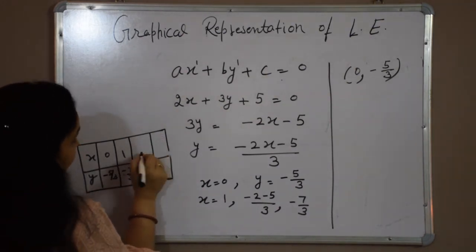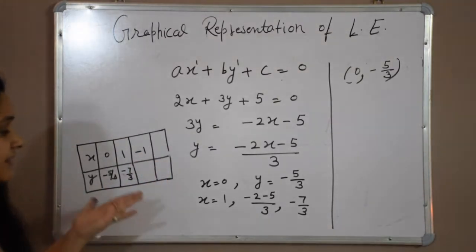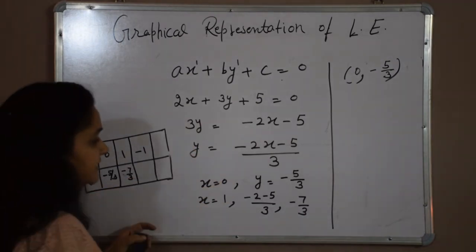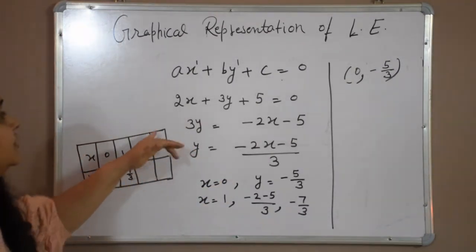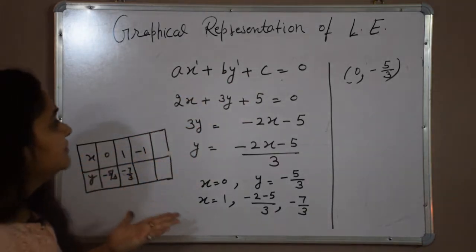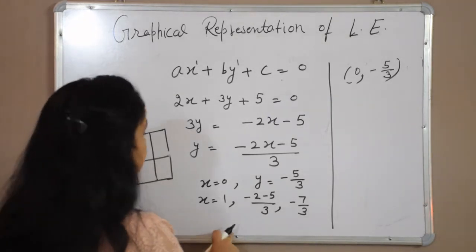Now I can take a negative value also. I can choose x either positive or negative, it doesn't matter, because I have already told you a, b, c are real numbers. Real numbers means I can take negative and positive values.